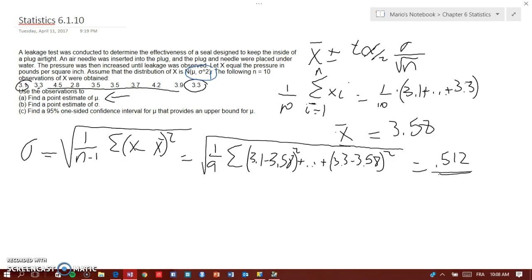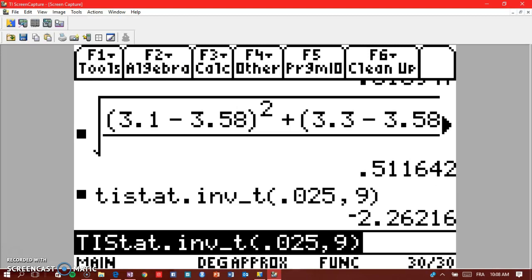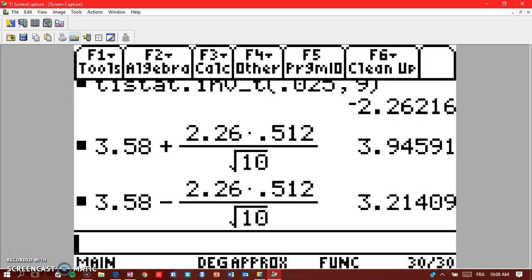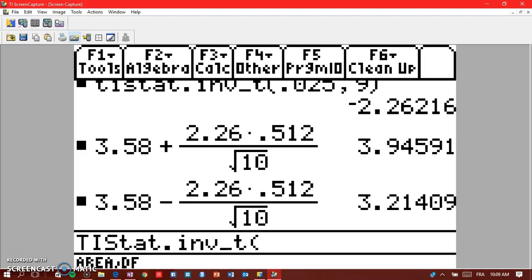Now we have both the point estimate for mu and the point estimate for sigma. How do you calculate t of alpha over 2? This is strictly for the TI-89 Titanium. You go to your catalog, click on F3, and click on inverse T, and you will see area and df, which means degrees of freedom.